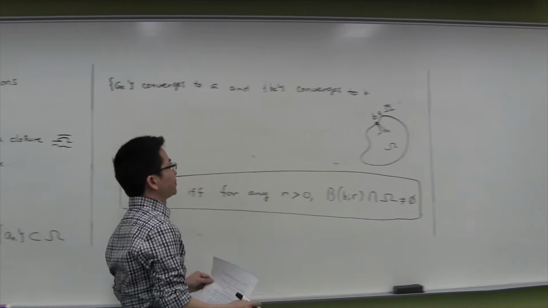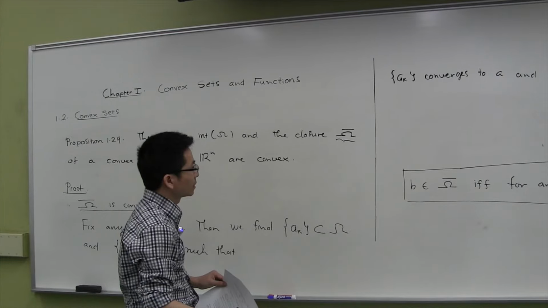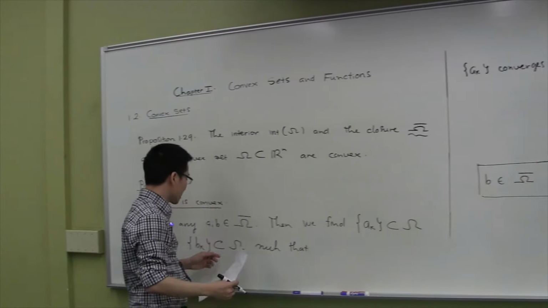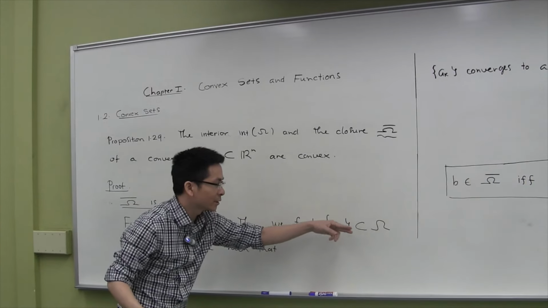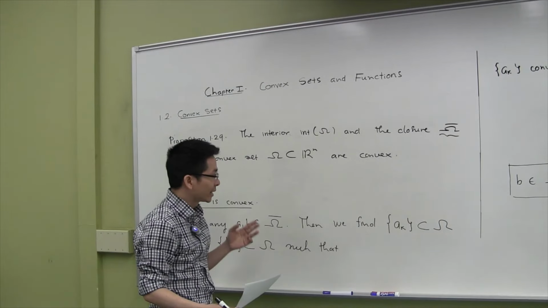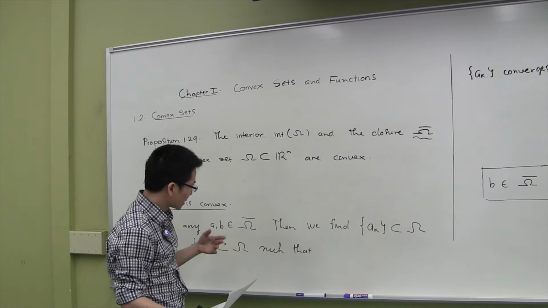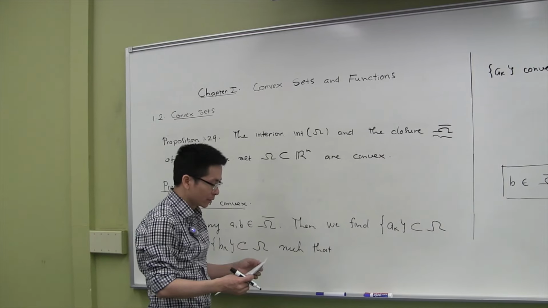Okay. At this point, we see that each a_k and each b_k belong to omega, and omega is convex. So we're going to take advantage of the convexity of omega to continue the proof.